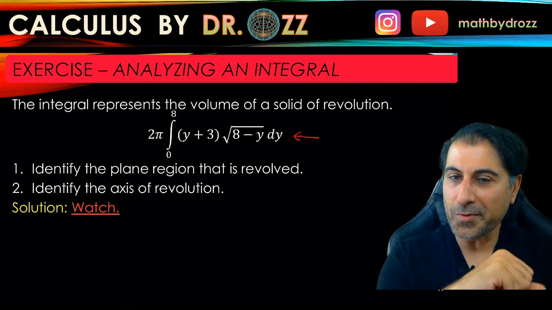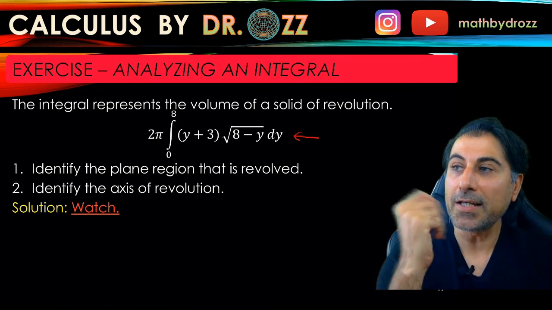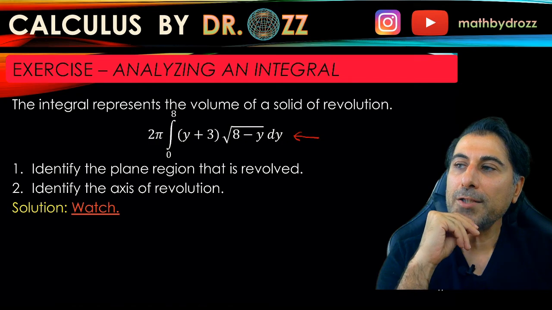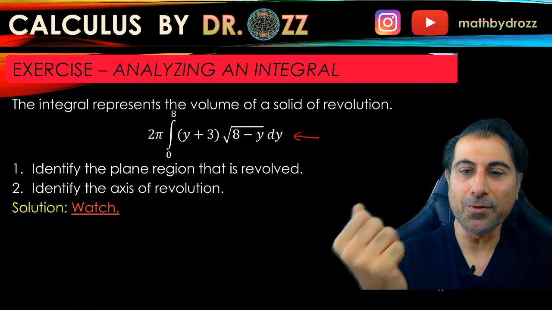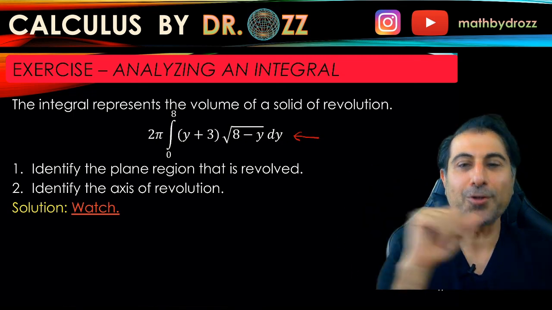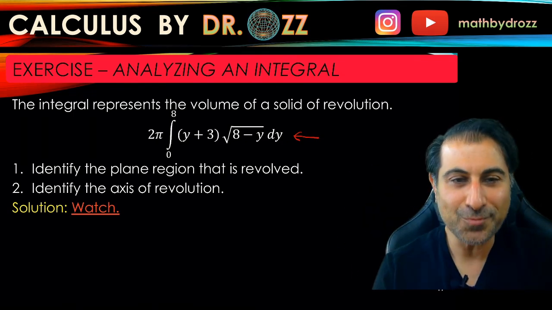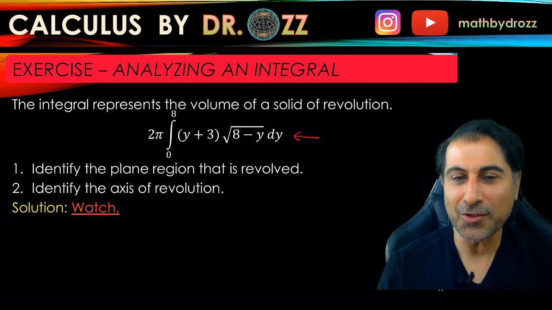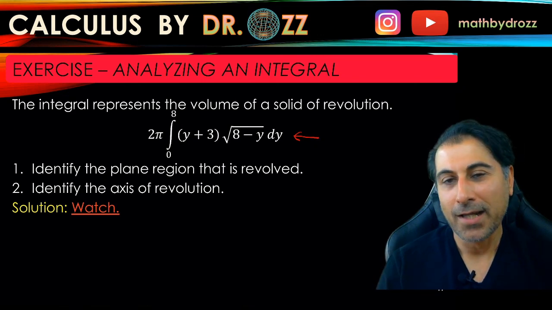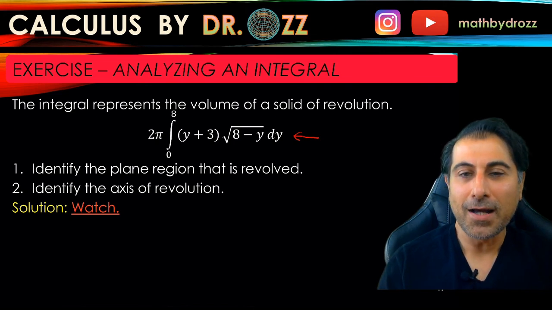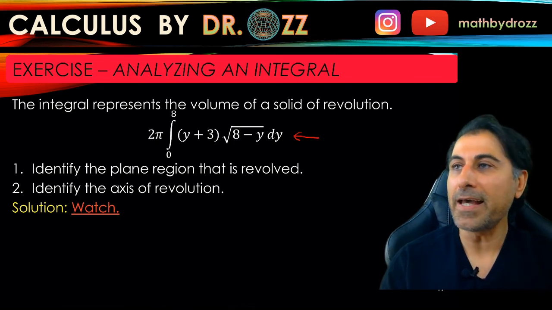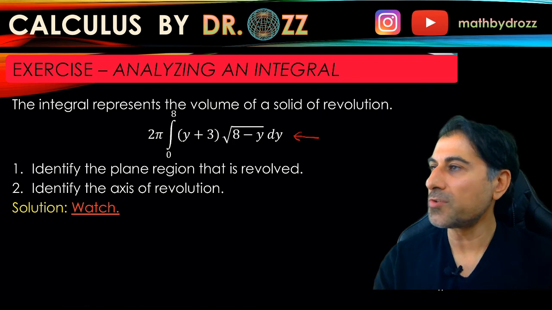So you're going to decide which, and then once you decide which one, you're going to try to determine the plane region that's revolved. And you're going to also determine the axis of revolution. Please watch the video to see how I attack this inverse problem by using the methods that we have learned so far. All right, this was the last exercise.